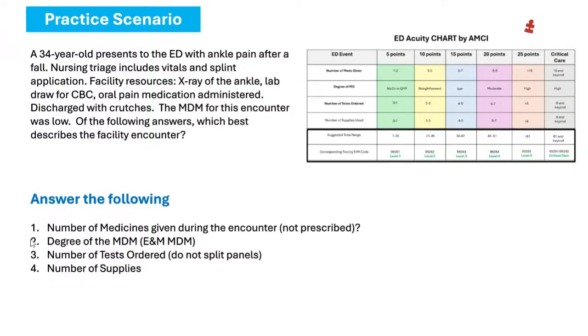Let's just do it. What is the number of medicines given during the encounter? Not the medicines prescribed. Go ahead, type in the chat. How many medicines were given?